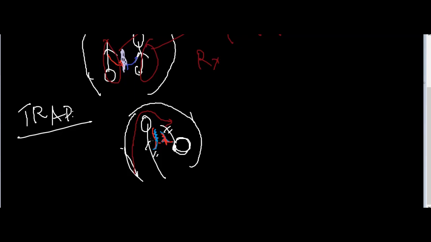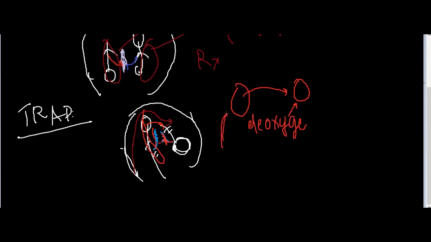This donor twin will give blood supply to the recipient twin. Once the donor twin is giving blood supply to the recipient twin, the recipient twin will receive deoxygenated blood, not oxygenated blood, whereas the donor twin receives oxygenated blood from the placenta.